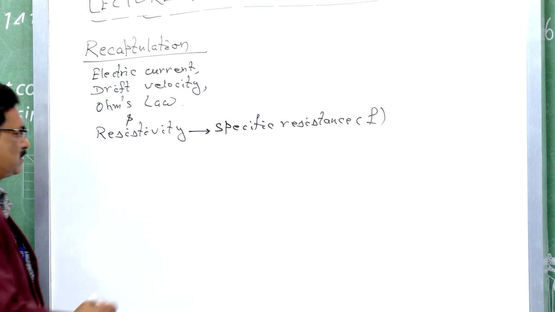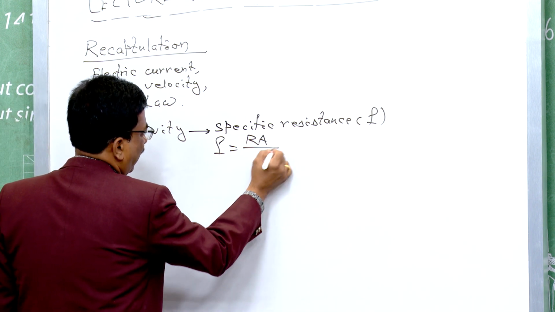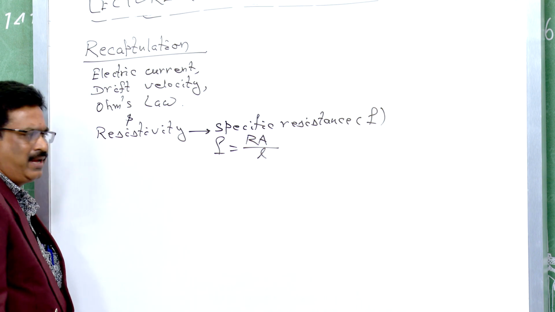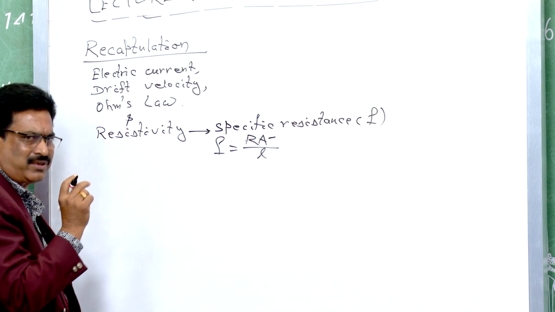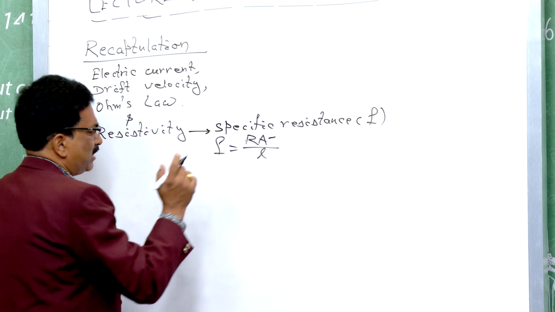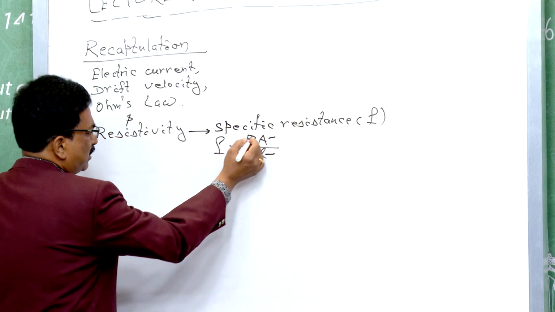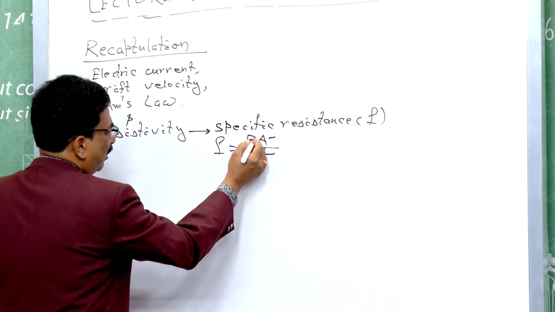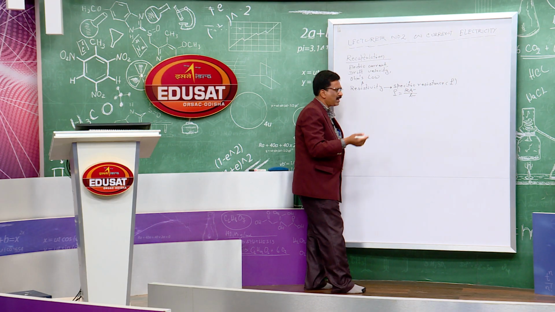According to that, rho equals RA by L. Here R is the resistance, A is the area of cross section of that conducting wire or the substance which we are discussing, and L is its length. So, rho equals RA by L. Depending upon this, we already know what its unit and dimension will be.